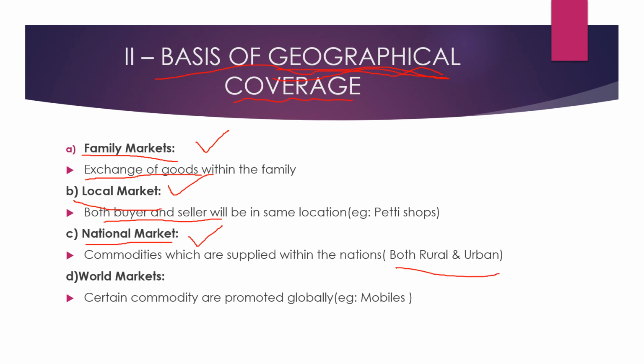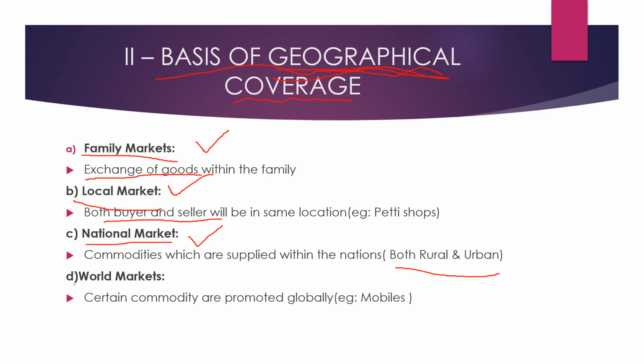Domestic market means whole marketing operations are undertaken within the borders and governance of a particular country. So in the national market, the particular country sets all the rules and regulations for the distribution of goods and services.